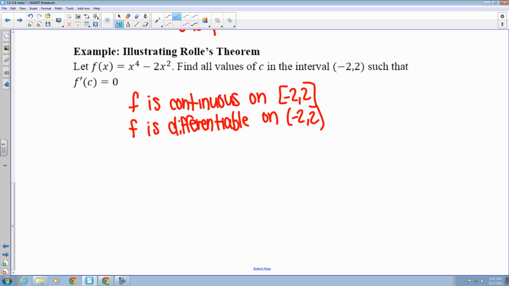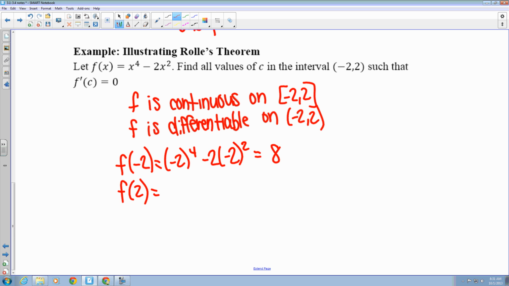So the function value at each endpoint has to be equal to each other. So we need to show that f of -2 is -2 to the 4th minus 2 times -2 squared, which is 8. F of 2 is 2 to the 4th minus 2 times 2 squared, which is also 8.